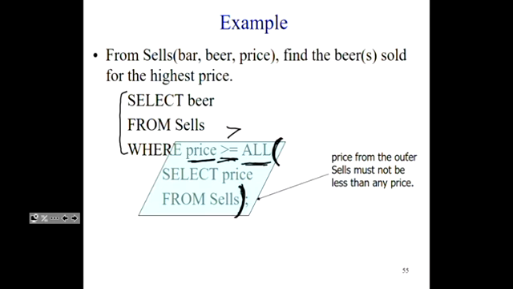Correct. So the price that you're trying to select, the maximum price, is also part of Sells, and therefore if you just did the greater than, there is no price that meets that condition, because for a given price x, x is also present in the Sells relation, and therefore you have to add the equality clause if you want to select the maximum. You can't have it just be the greater than.